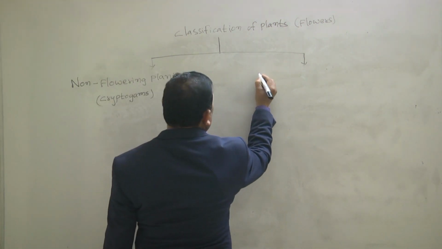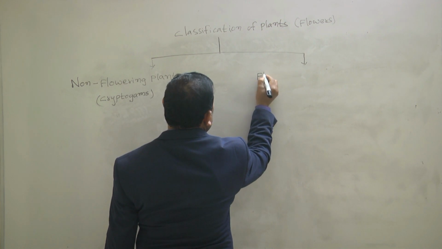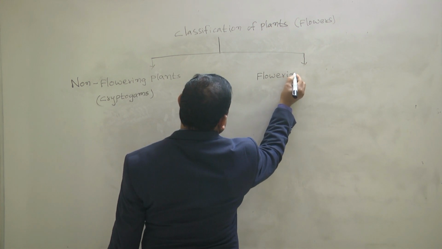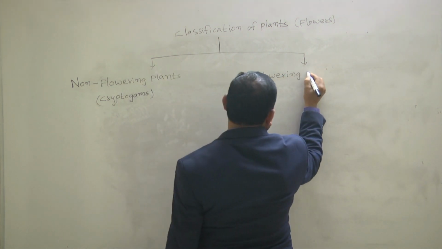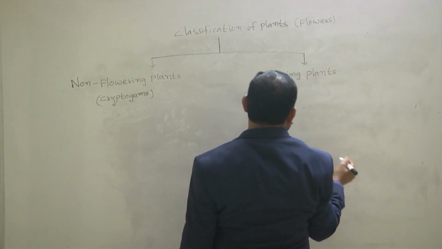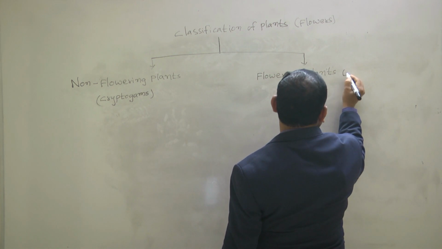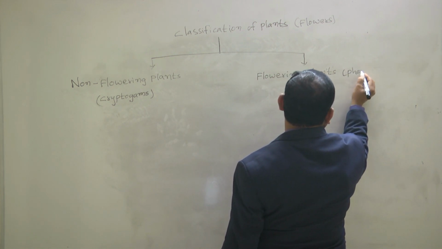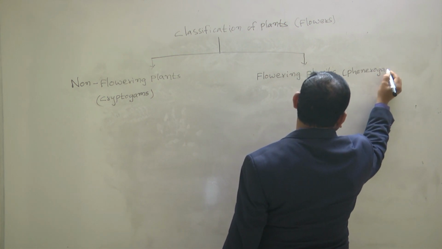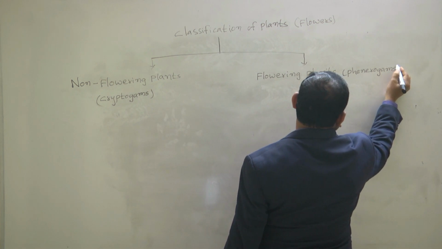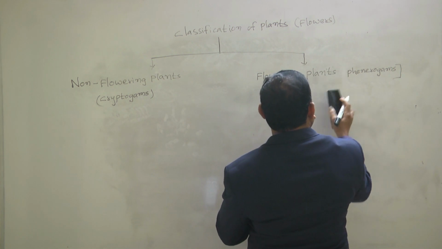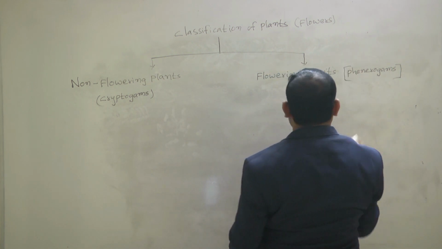Second one is the flowering plants. Flowering plants are also called phanerogams.